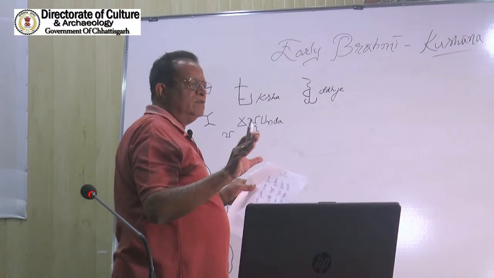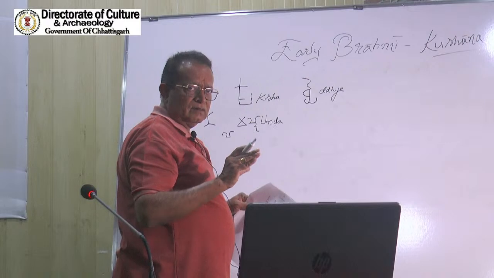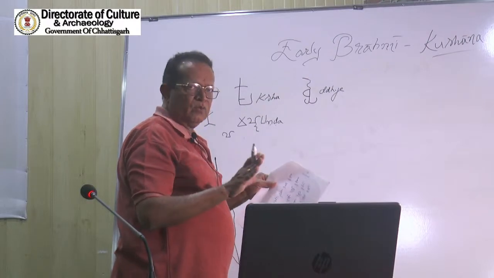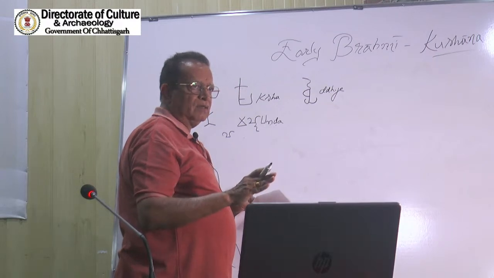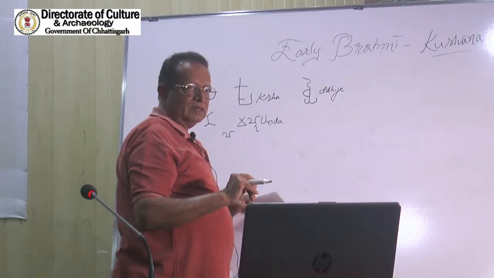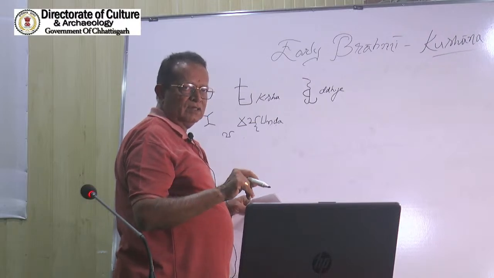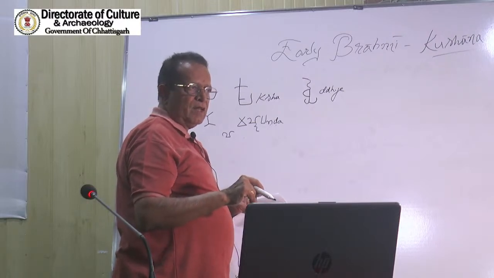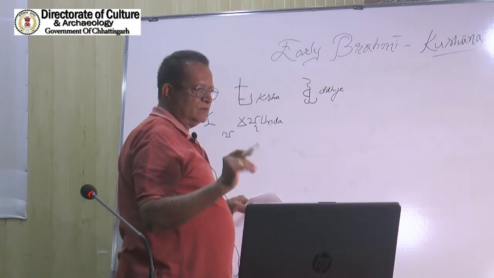So now, don't worry too much about this conjunct, but I am giving a full picture, that's all. It's too early for you to start worrying about the conjuncts. First vowels, consonants, the vowel signs, later you can think of the conjuncts.